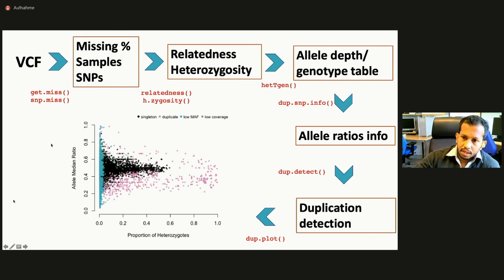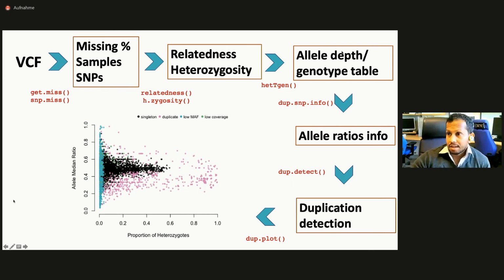The package includes functions starting from importing VCF files, either filtered or non-filtered, and then detecting the duplicates. If it is not a filtered VCF file, you can filter for missing samples and SNPs, and you can also test relatedness and heterozygosity, and then generate genotype or depth tables.